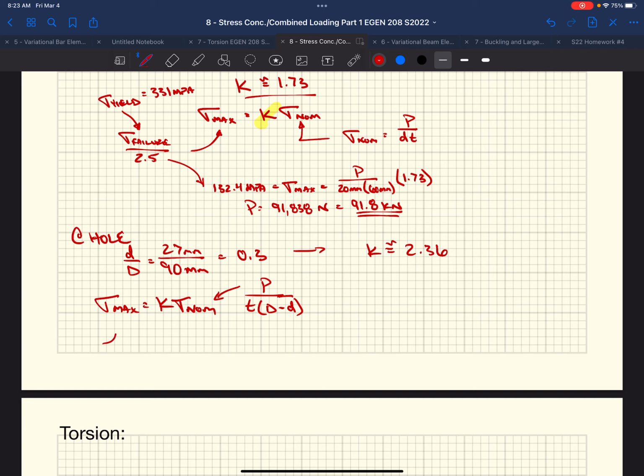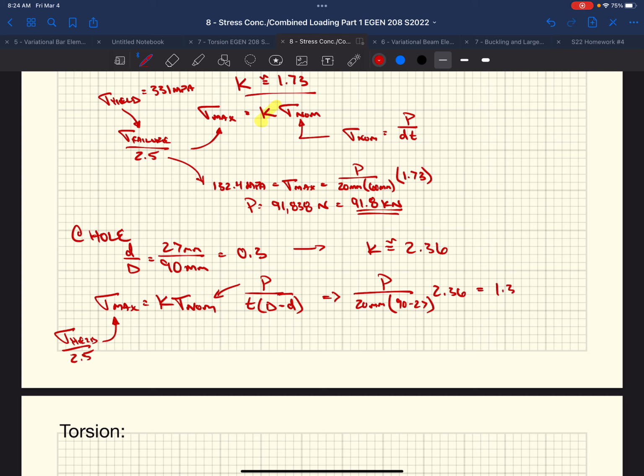We know what sigma max is, right? That is our sigma yield over our 2.5, or our factor of safety. So we end up getting this equation. That's P all over 20 millimeters, 90 minus 27, that's our diameters, times 2.36, that's our K.